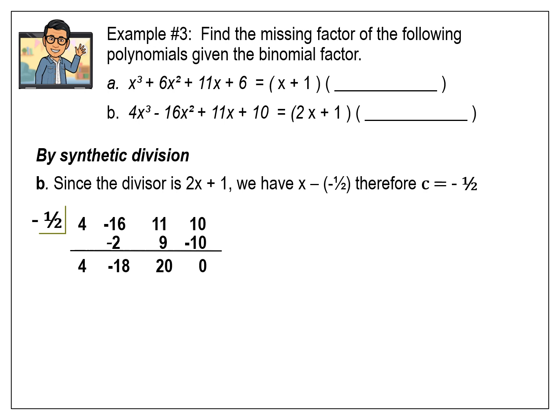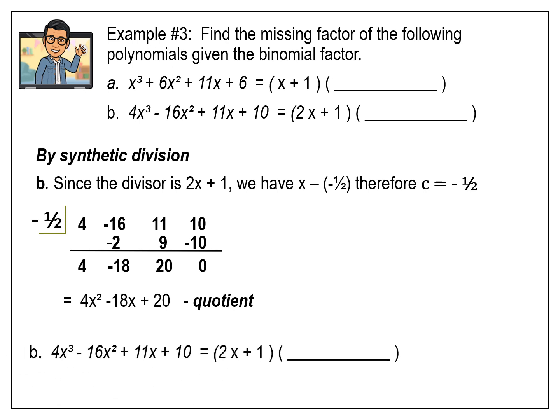So 11 plus 9 is 20. So 20 times negative 1/2 is negative 10. So our remainder is equal to 0. Our quotient will be 4x squared minus 18x plus 20, and our missing factor will be 4x squared minus 18x plus 20.